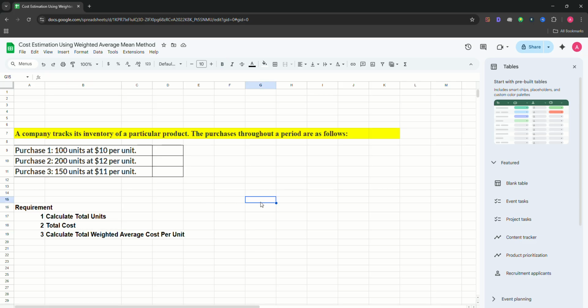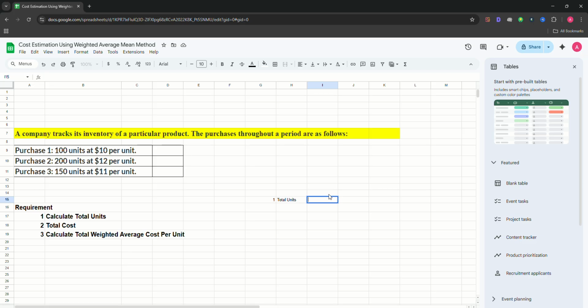First I'm going to solve the first question. To calculate total units, the total units is going to be 100 plus 200 plus 150. Let's calculate the sum. Total units is equal to purchase 1 plus purchase 2 plus purchase 3.